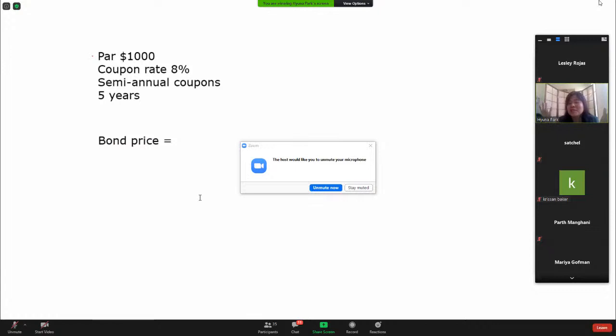How many cash flows will you receive? Suppose you pay this amount, the bond price, now. What kind of cash flows will you receive? Help me write down the cash flows. What's the first cash flow you will get?